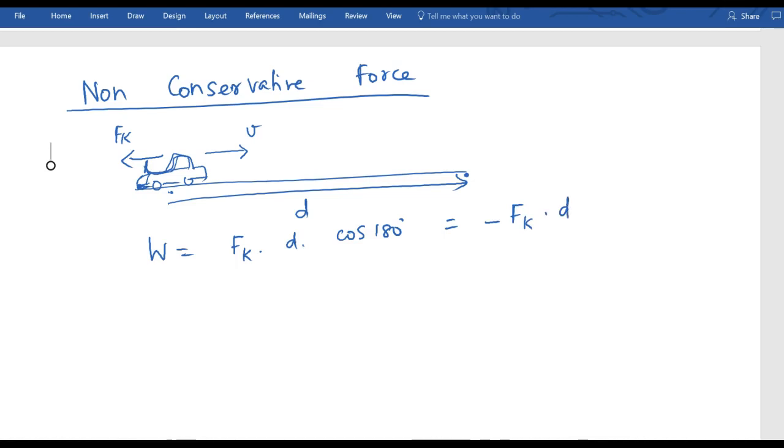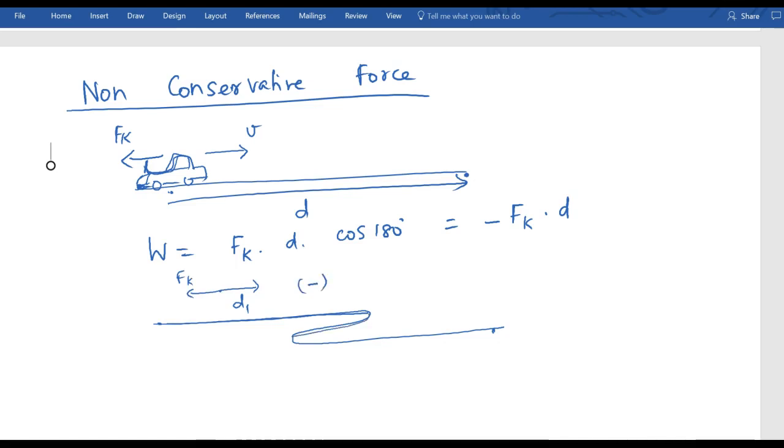What if we change the path a little bit? What if instead of going straight like this, the car went this much and then retraced back and then again this much? Is the work done still going to be the same, or is it going to be different? So during this path, let us say d1, friction is this way and displacement is this way, so it's going to be negative work.